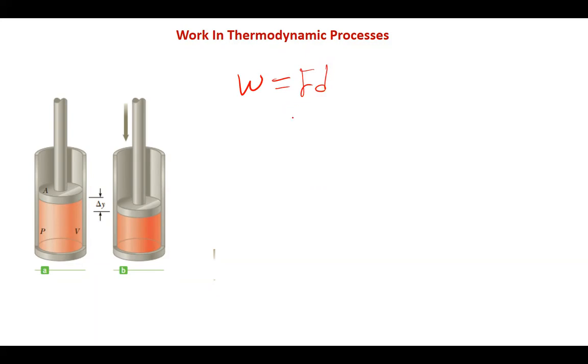For instance, if you've been given a piston with a certain gas inside, and you try to compress this piston, let's call this distance y. Let's say this is y initial, and this is the final y after compressing.